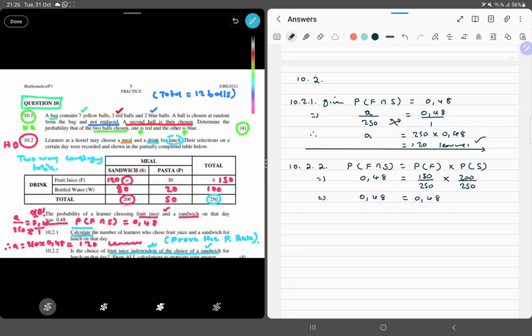And if these two are equal, it means the product rule is proven correct, and therefore these two are definitely independent.